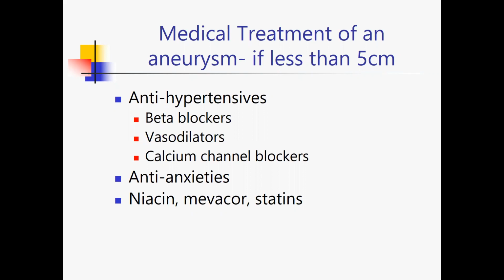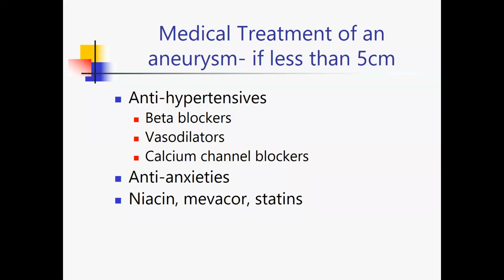So if we have a stable aneurysm, antihypertensives come into play and we need to keep that blood pressure down. When I say stable aneurysm, I mean it's not growing, it's being watched, blood pressure is stable with medicines, and they're not hypertensive. You do not want these folks hypertensive.